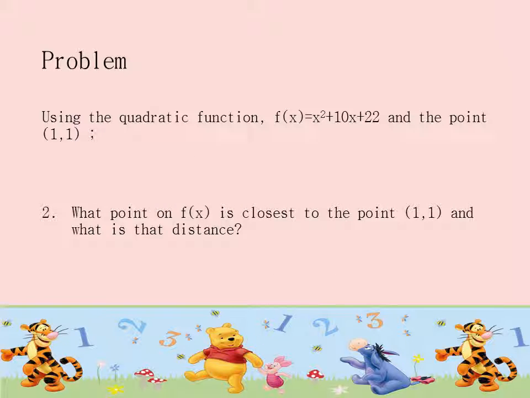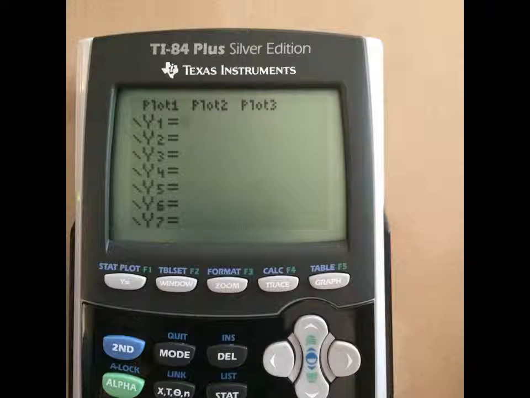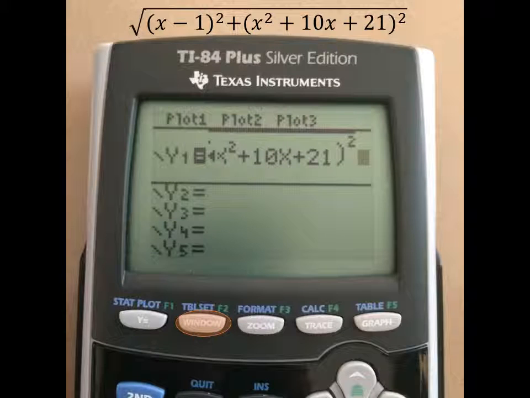Next, we will focus on question 2, finding the shortest distance and closest point on f of x. Plug in the equation for distance into y1. Press window.